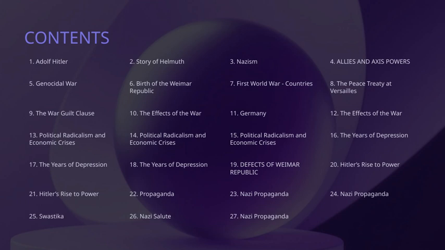The birth of the Weimar Republic marked Germany's attempt at democracy after WWI, but it faced many challenges. We then look at the years of depression, a period that worsened economic hardships and increased political unrest. The effects of the war, both physical and psychological, played a significant role in shaping Germany's future.